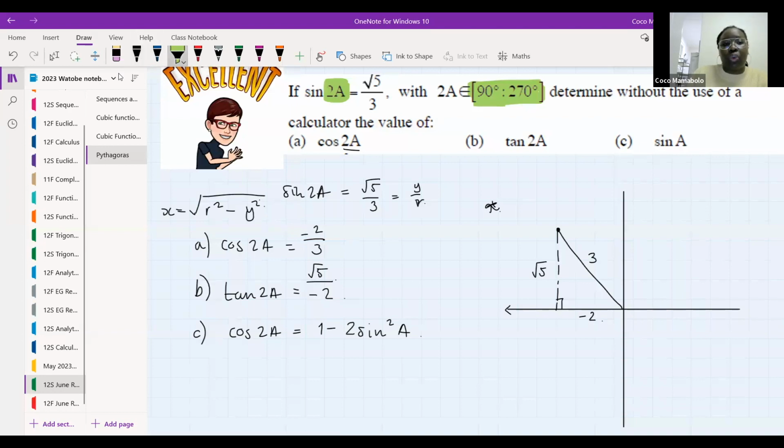Regardless, we still want sine squared a, or sine a, as the subject of our formula. So we're going to take everything else and move it over to the other side. So we will then get cos of 2a minus 1 divided by -2 is equal to sine squared a.